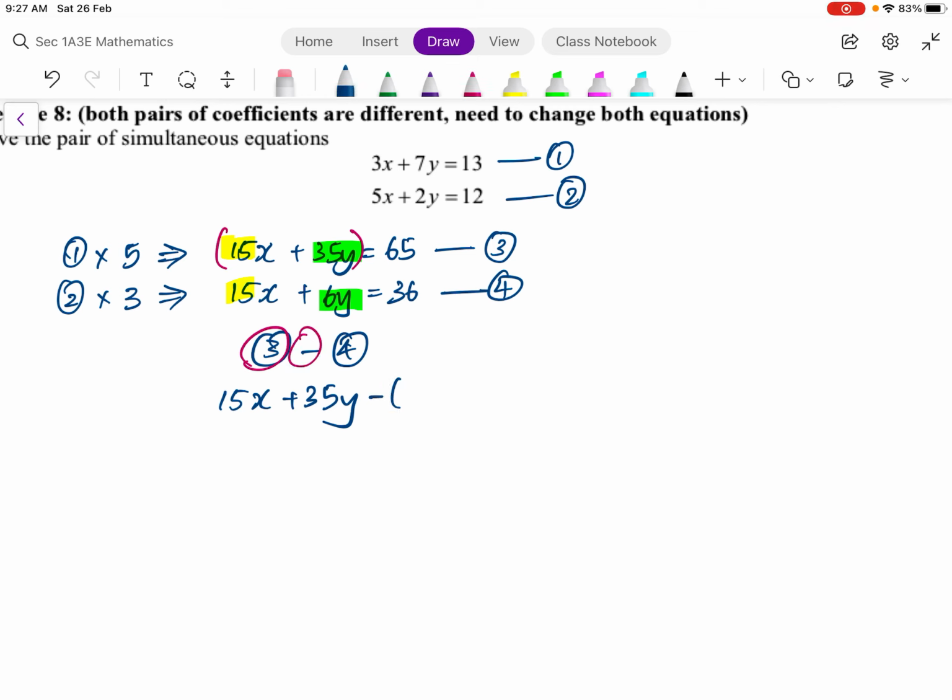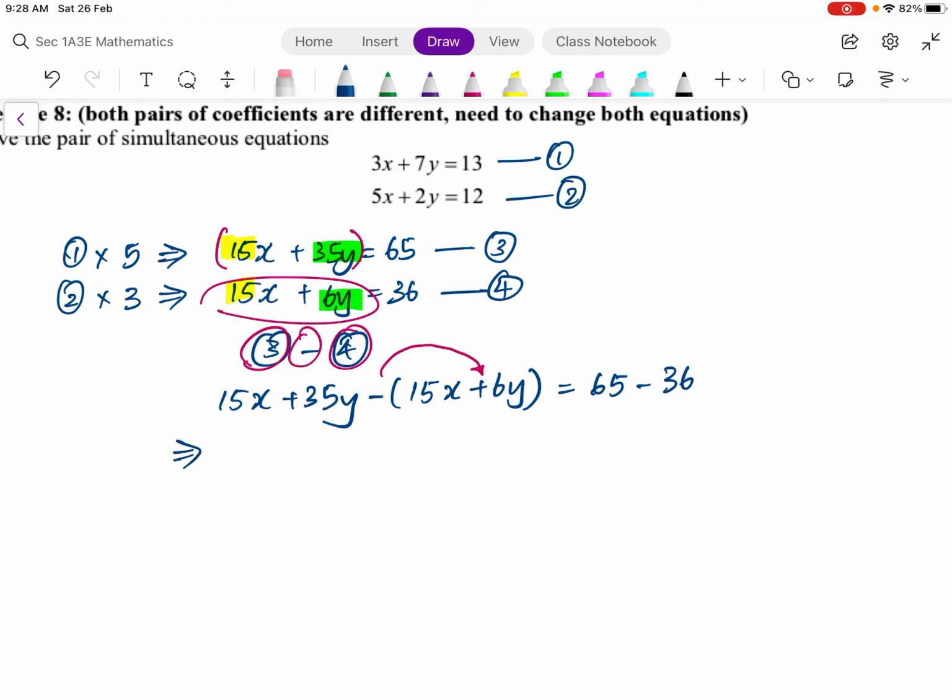We're going to subtract the entire left-hand side of equation 4. So notice that I've already started with an open bracket. So 15x plus 6y. Without the bracket, it would be wrong because the sign for 6y will eventually be negative. So on the right-hand side, equation 3, 65 minus the right-hand side of equation 4, which is 36.